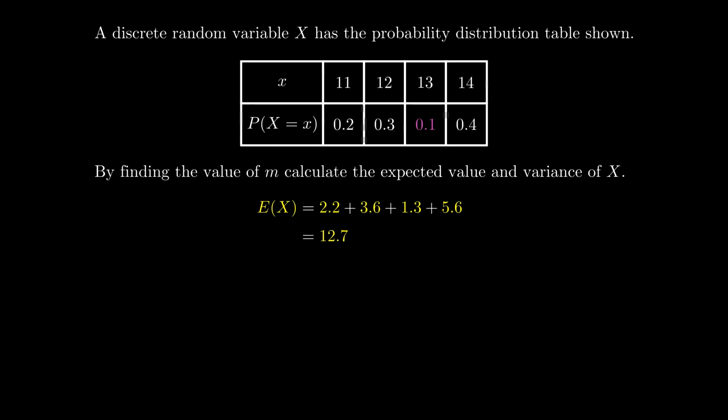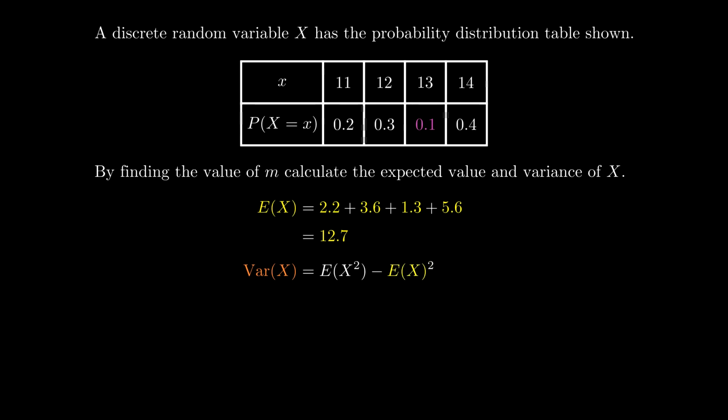Then for the variance, we'll use the calculation formula we just came up with. That's the expected value of X squared minus the expected value of X, all squared. Now, the expected value of X is what we just calculated, so we know that yellow one already.